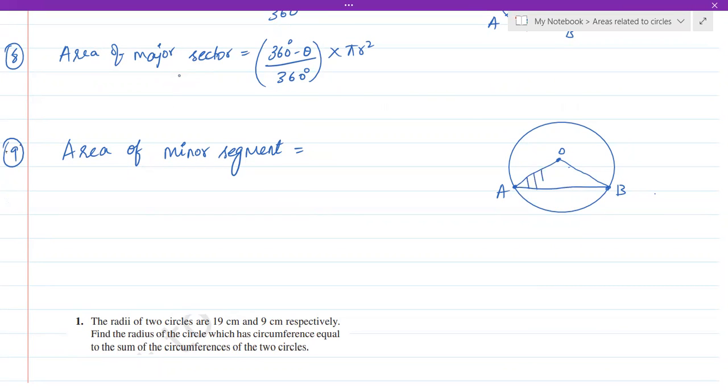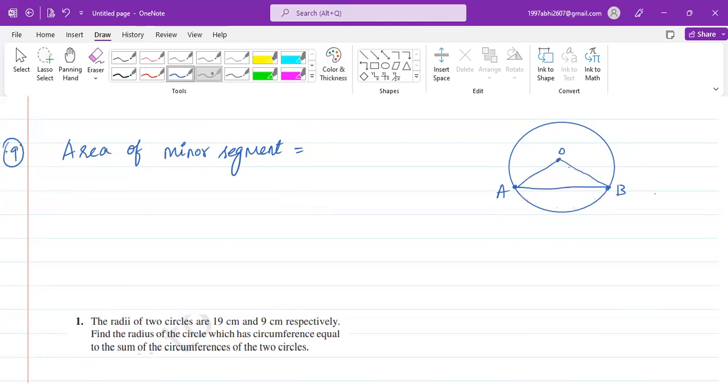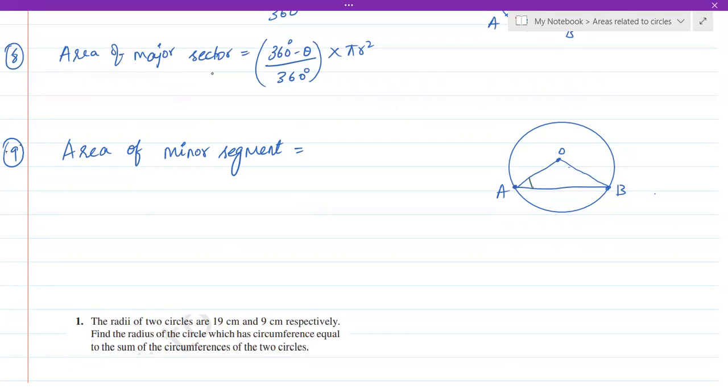Let me shade only the triangle in green color. Okay, it is actually blue color. Let me take green color itself. I'm sorry about that. I just want to show the difference. Okay, I'm just shading the triangle in green color.